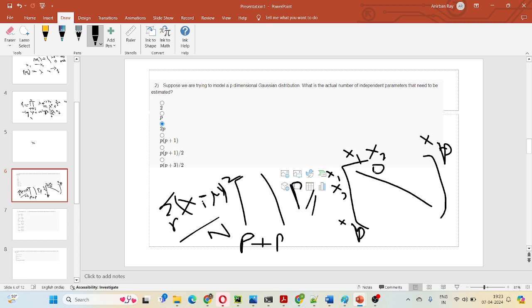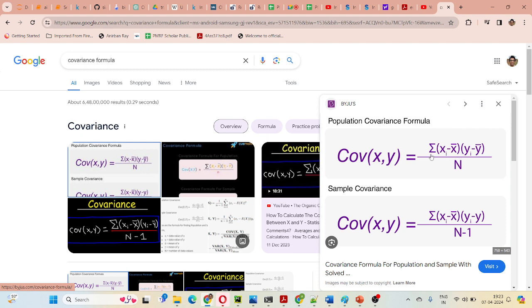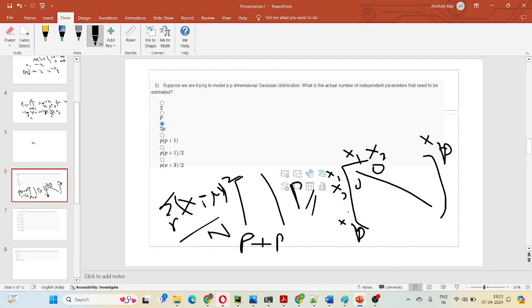One thing to notice is that x1 and x2, and x2 and x1, are the same, as you can see from the formula. If you replace x by y, the result does not change. Very easy to see. So the elements on the right of the diagonal are repeated on the left of the diagonal, which means we only need to take one of these.